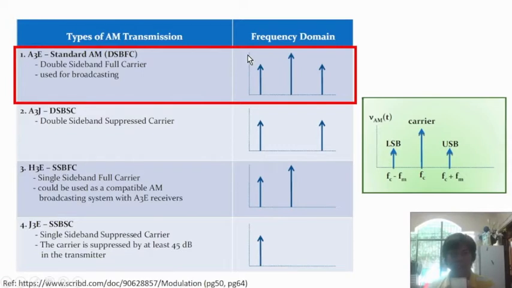So the frequency domain of the DSBFC standard AM looks like this with 3 arrows. The 3 arrows are represented by the carrier frequency, the upper sideband frequency, and the lower sideband frequency. The carrier frequency is FC, the upper sideband frequency is the carrier frequency plus the modulation frequency, and the lower sideband is the carrier frequency minus the modulation frequency.